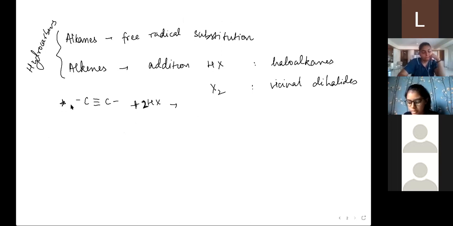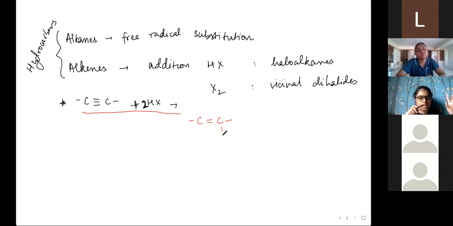Okay, so first I did one HX and I found a double bond. Then basically it's like C with X, and two H's, so H and H. So you took away the double bond also.